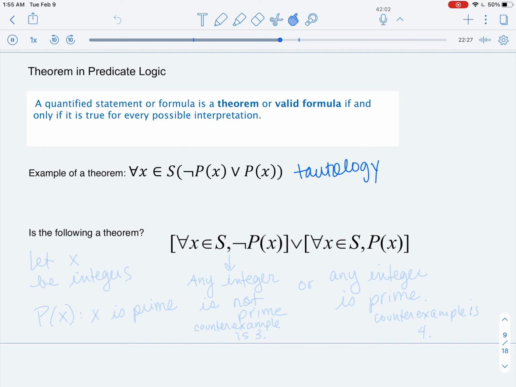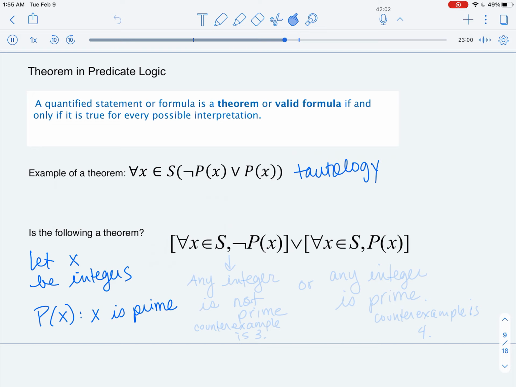The way that we can do that is let x be the integers, and let P of x be the statement that x is prime. Just to contrast this, for the theorem, it would say for any integer, the integer is prime or not prime.